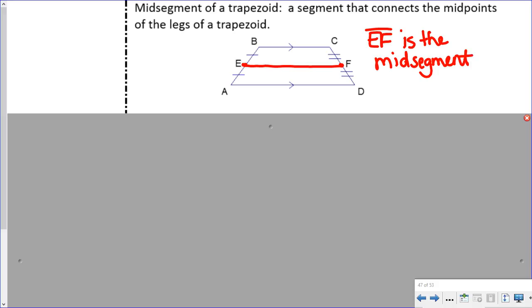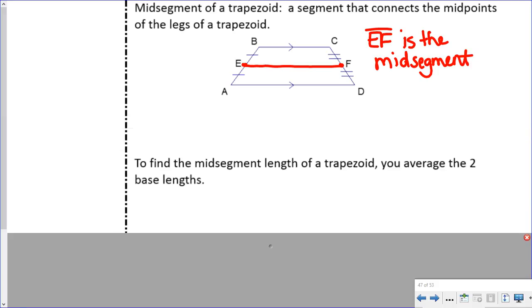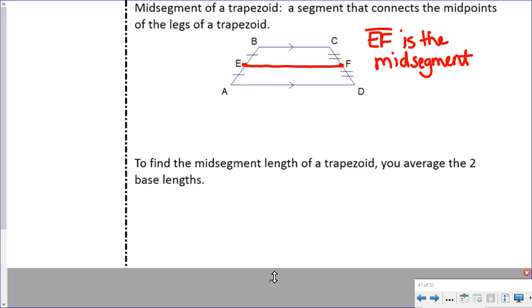Okay. Now there's a cool relationship here. To find the mid-segment length of a trapezoid, you're going to average the two base lengths. So if I call one of the bases base 1 and one of the bases base 2, so b sub 1 and b sub 2, then I'm going to write this formula.